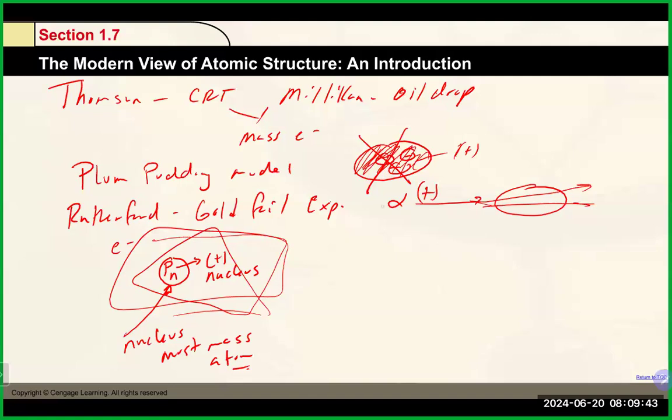We talked about some other important aspects of the atom. We talked about isotopes, and isotopes are, again, the same element, but different numbers of neutrons. And because they have different numbers of neutrons, they do have different masses because of that.